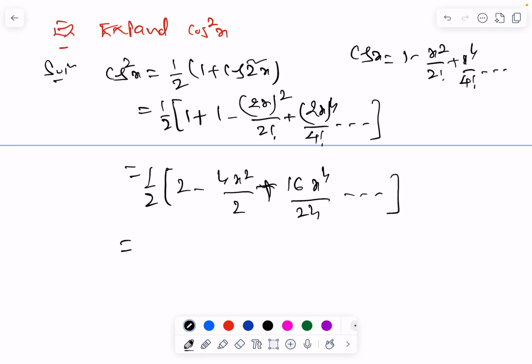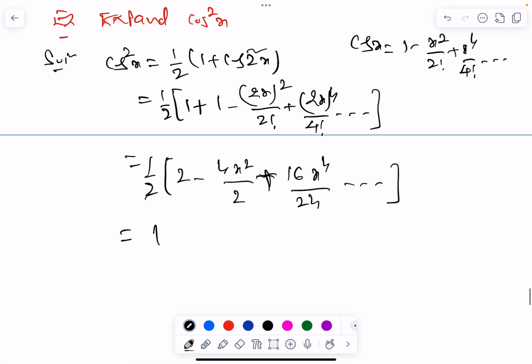So this is equal to 1, to cancel now, 1 minus x square, then plus 2 and 8, and 8 3s are 24. So plus 1 by 3 x power 4 and so on. So this is the series of cosine square x.